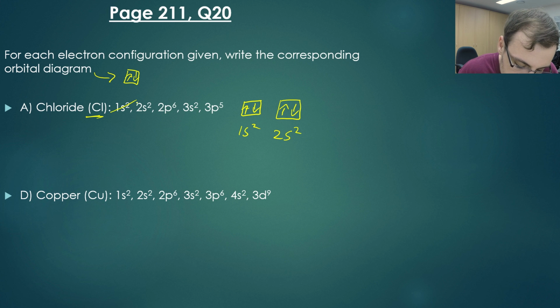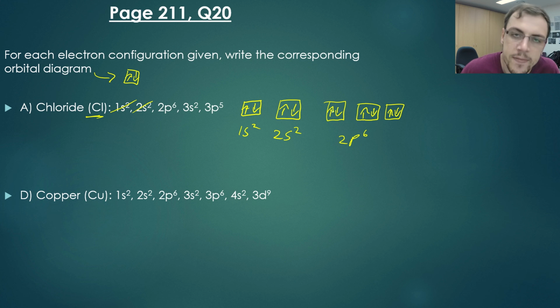Now we'll cross these off as we go. So we've got 2p6, so we have 1, 2, 3 boxes, with 6 electrons.